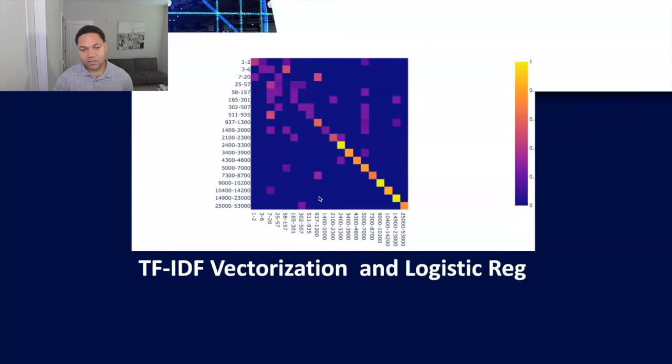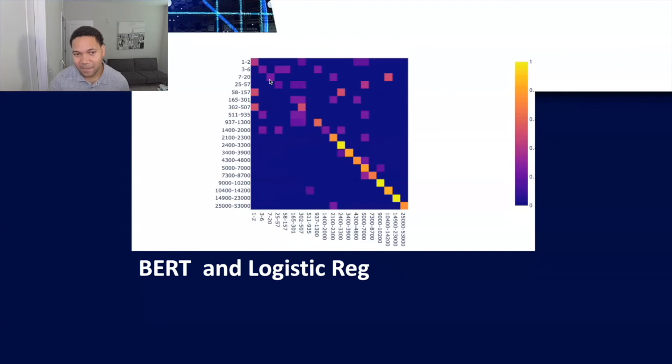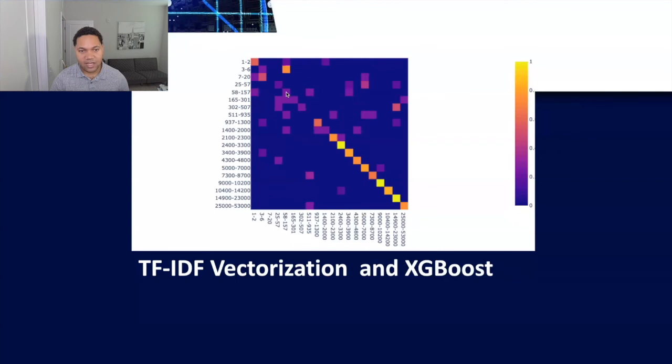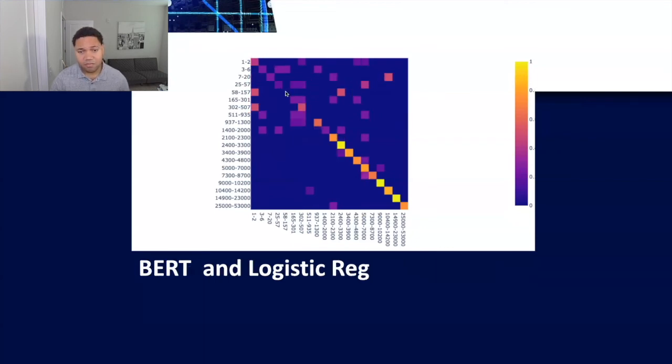And remember that 7 to 20 we didn't predict at all? We're starting to predict that. We are still missing the 58 to 157. In the XGBoost example, we got it here, but we're missing it here. But we're doing better, and you can see that.